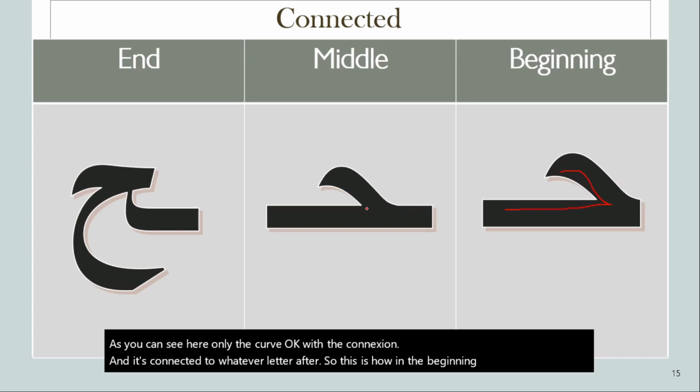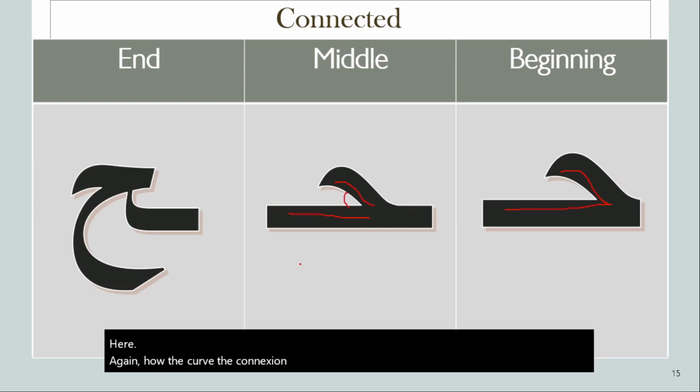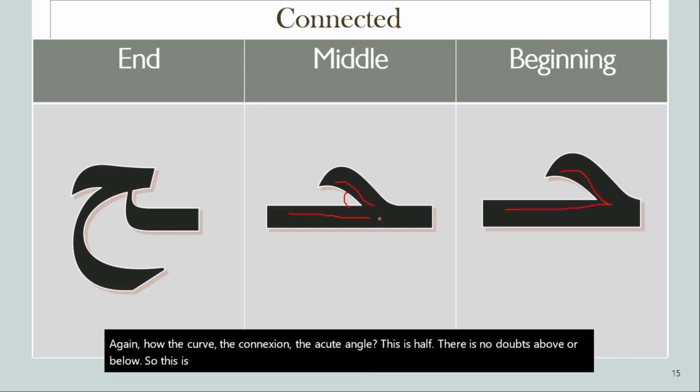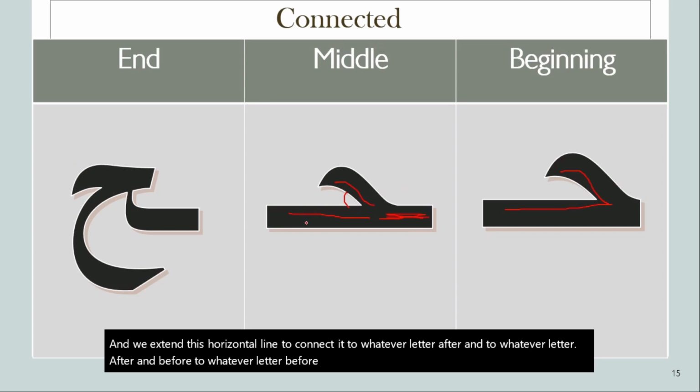Here again, ha, okay, the curve, the connection, the acute angle, this is ha. There is no dots above or below, so this is ha. And we extend this horizontal line to connect it to whatever letter after and before.